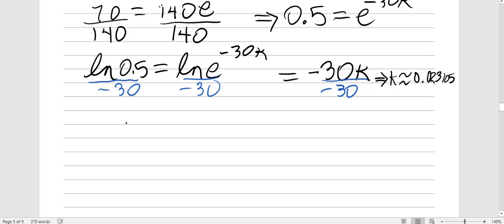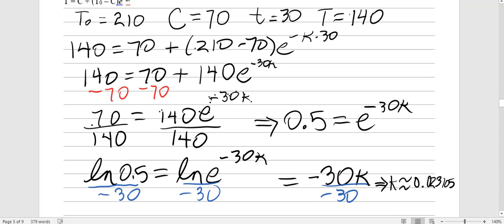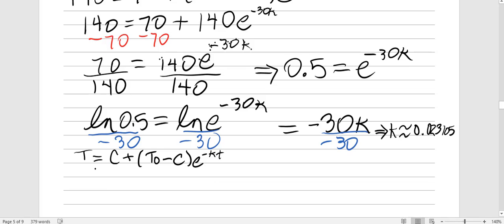So when we do our next calculation, again our function is T equals C plus (T0 minus C) e to the minus kt, and we're now trying to find the temperature of the cake after 40 minutes.